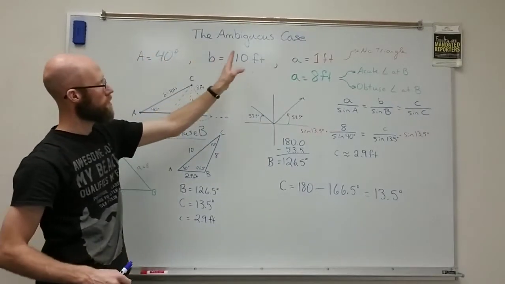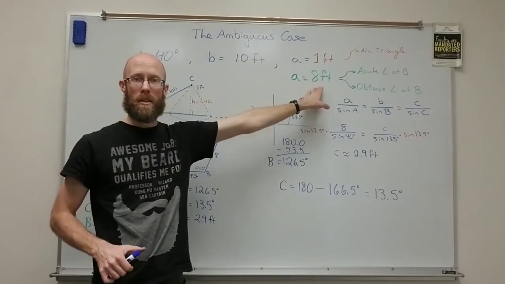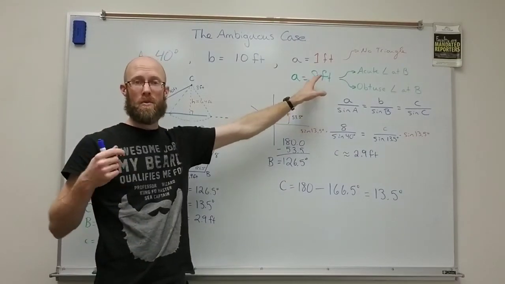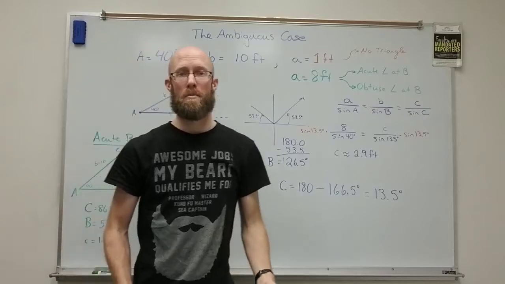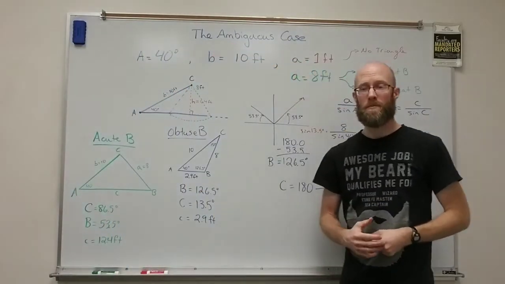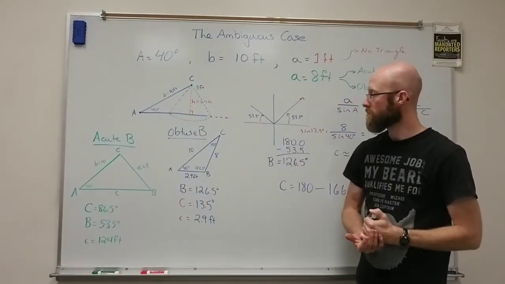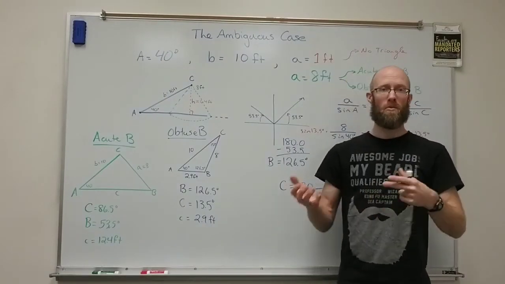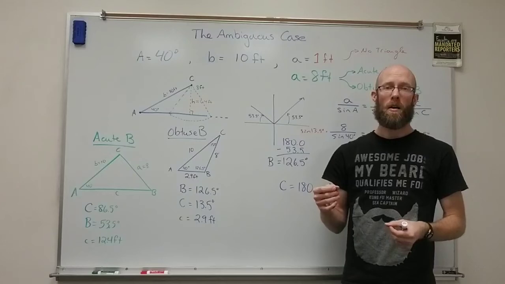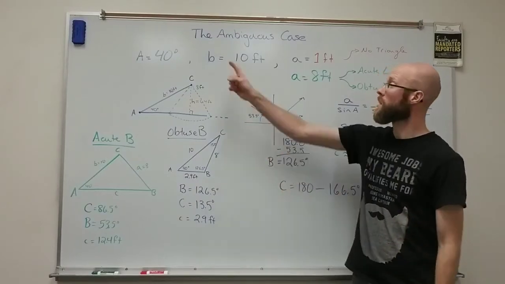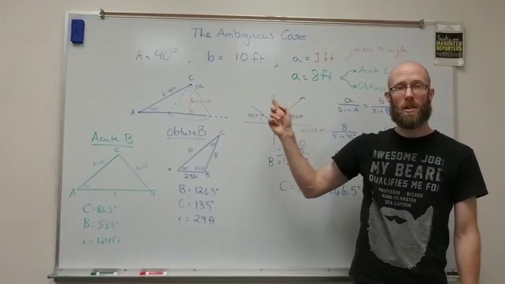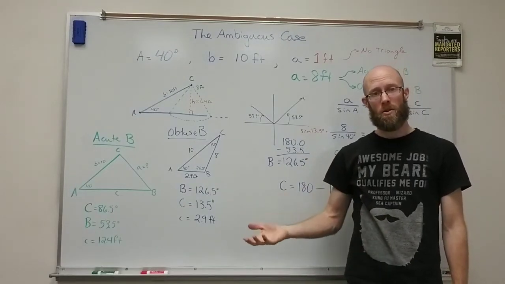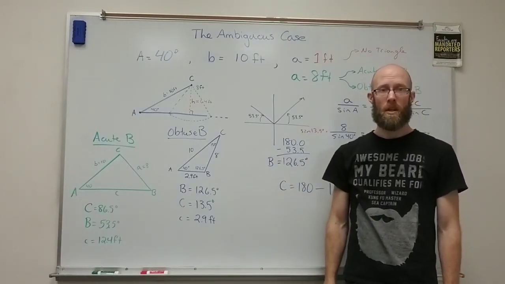So a 40 degree angle, 10 foot length, and 8 foot length could end up with two possible triangles, and you've got to solve for both of them depending upon the scenario. Maybe it's obvious from an application problem that you need the acute versus the obtuse, I don't know. But generally speaking, if you're just given these three pieces of information, you're going to have to solve for both of the triangles, the acute version and the obtuse version.